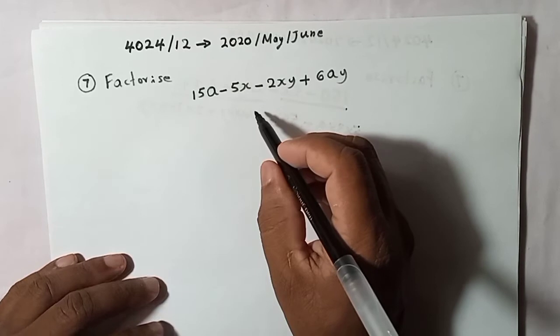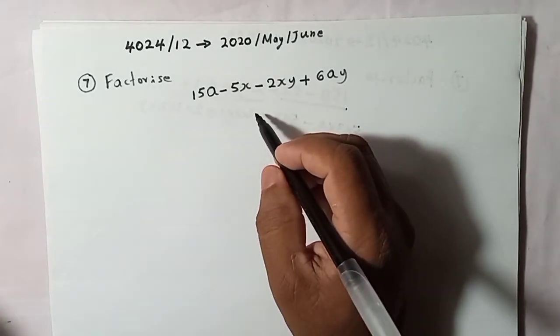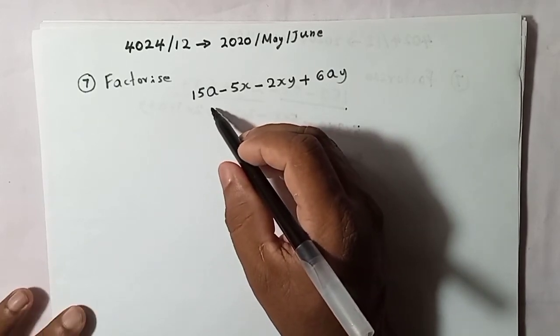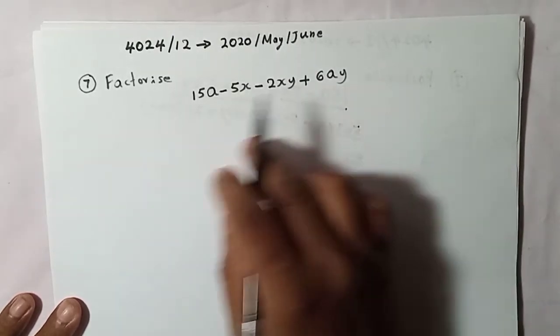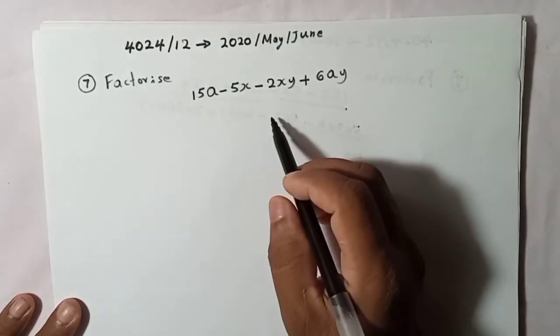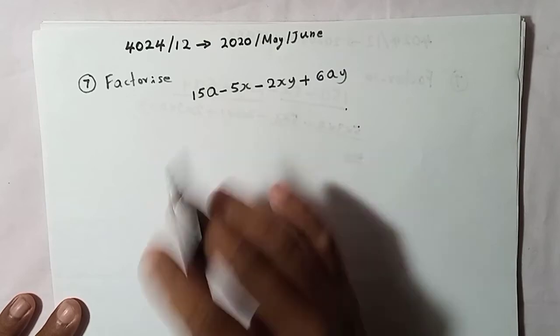Now this one is where you can sometimes get mixed up. As I told you, we separate 2 by 2 and factorize when you have 4 terms and there is nothing common to all 4. At that time we normally separate 2 by 2 and factorize.